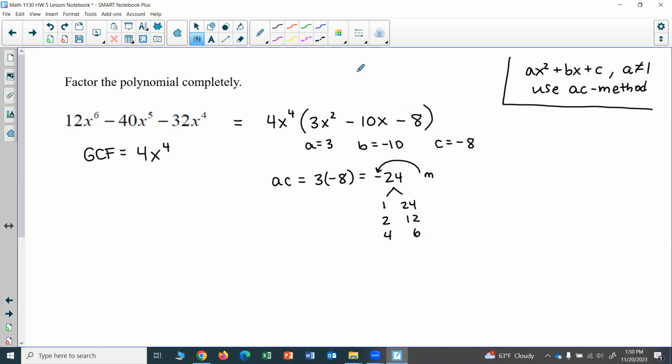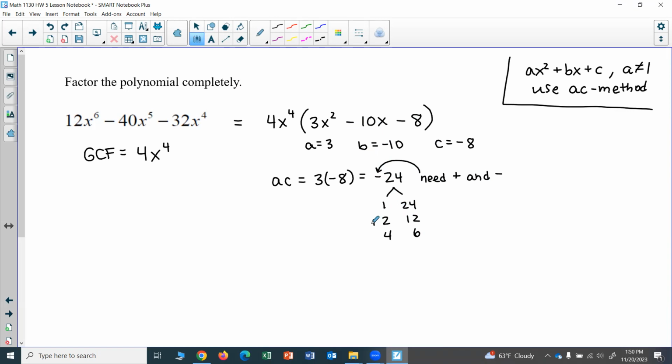So we need a positive and a negative in order to multiply to be a negative. We need a positive and a negative. So I'm looking for two numbers whose difference is negative 10.